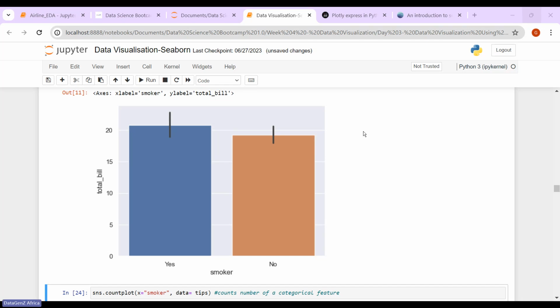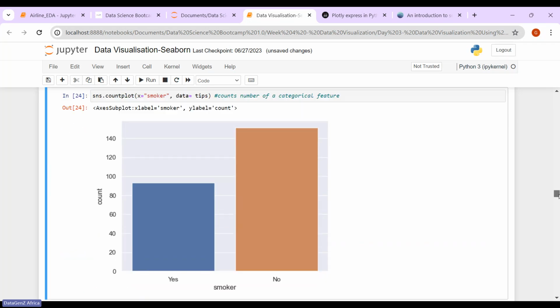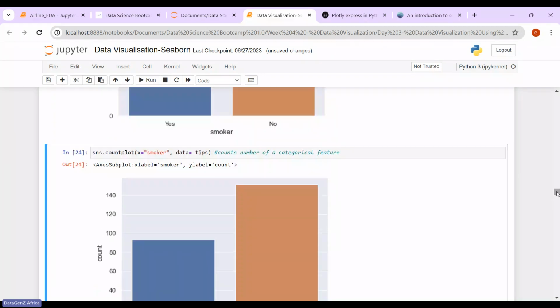Okay, so moving forward, we could also do a count plot. When you want to use a count plot, you're using a frequency, like you want to see the frequency within your data, how many people there are, what's the distribution of a particular categorical feature. That's when you use a count plot. All right. So you can have the count plot on the number of smokers.